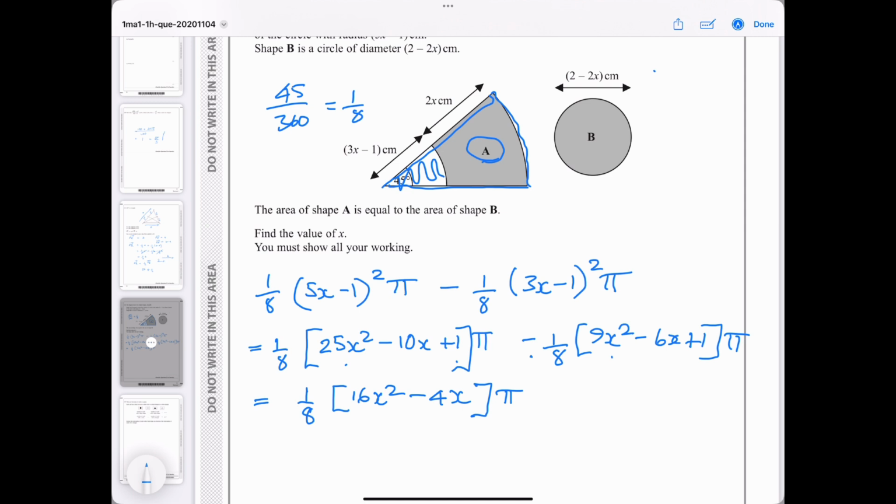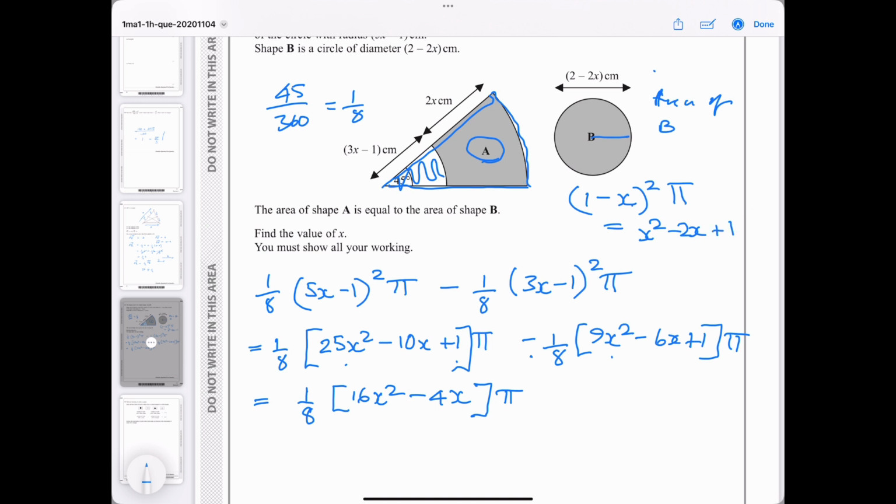Now, this is B. So now we're going to have to work out the area of B, which is pi r squared. The radius would be half of the diameter, so the radius would be 1 minus x, squared, pi. And minus x times minus x is x squared. So that's minus 1x minus 1x, so minus 2x, and then plus 1.